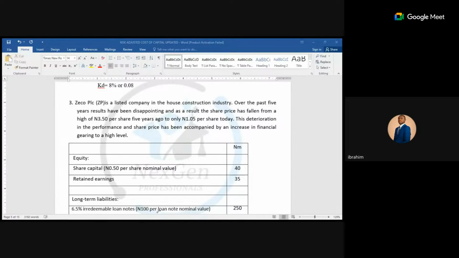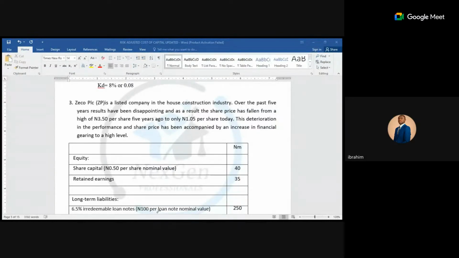Now, the company will say, oh, since we have profit of 20 naira, we'll pay a dividend of 2 naira. But in a situation whereby you're an investor and you see that the company profit is 50 naira, and they want to pay a dividend of 100 naira, where will they find the money?